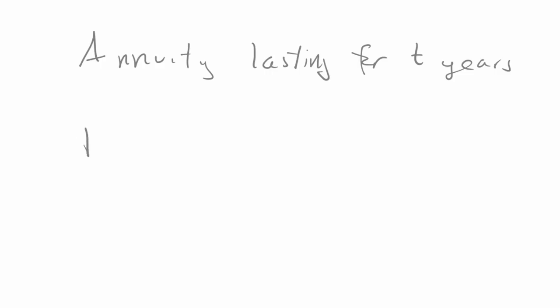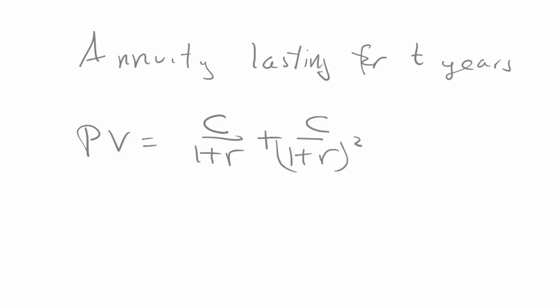The present value is C over 1 plus R plus C over 1 plus R squared. C is the cash flow, plus, now we have an ellipsis because we have an arbitrary number of terms going out to some amount T.